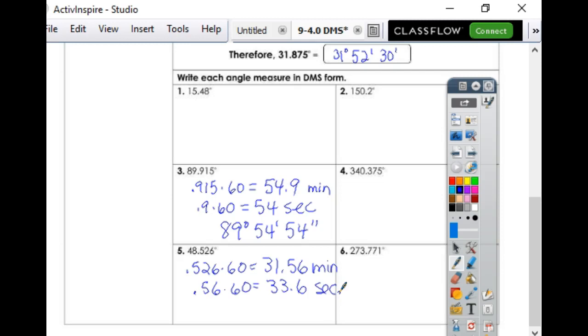I'm not multiplying again, right? 0.5 or greater, we round up, and if it's 0.4 or less, we drop. So when I write this, I get 48 degrees, 31 minutes, and 34 seconds, because I rounded up.